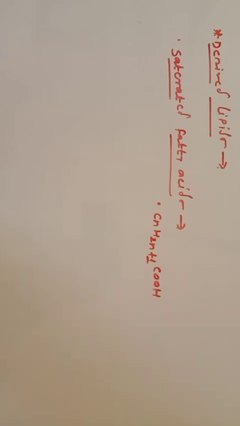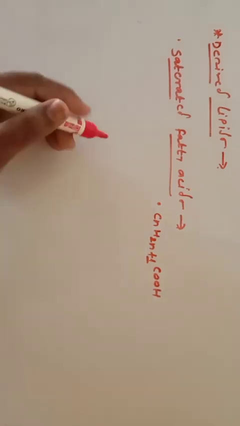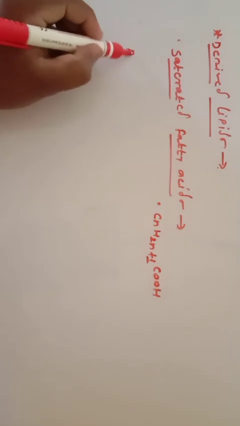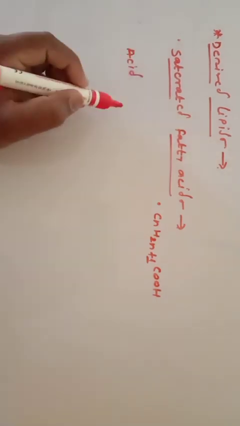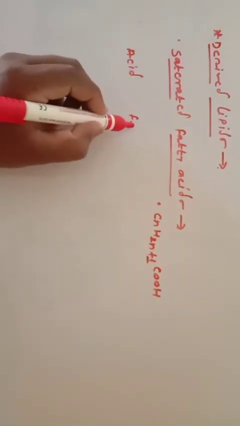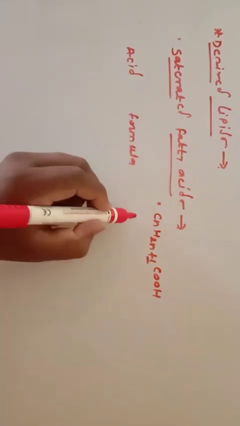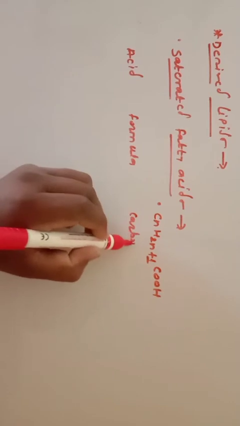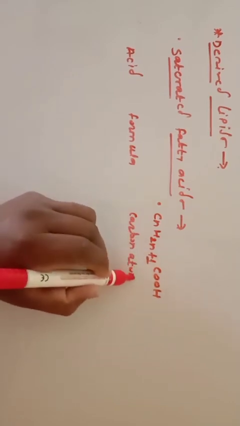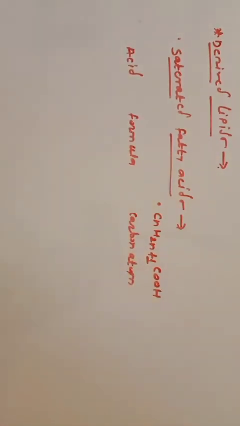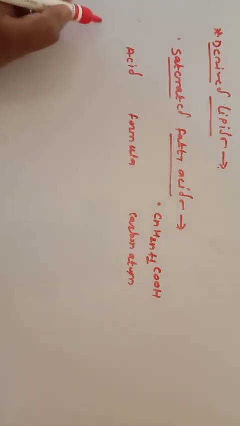Okay, and if you see the examples of this saturated fatty acids, here I will write the name of these fatty acids, then their formula, and the carbon atom is there. So how many carbon atom is there? So the first one, that is your acetic acid.